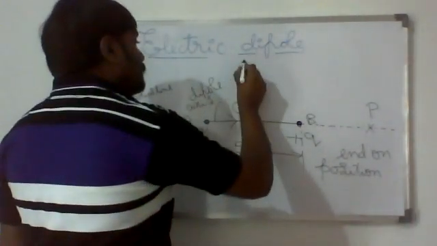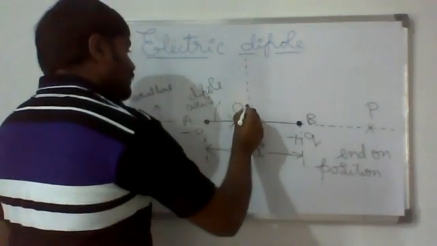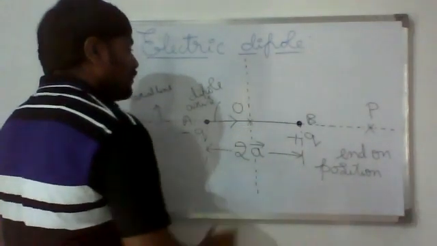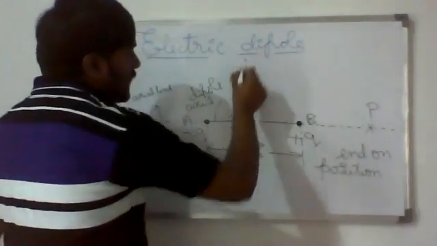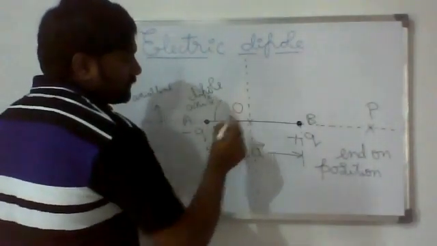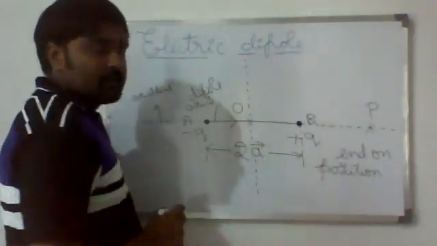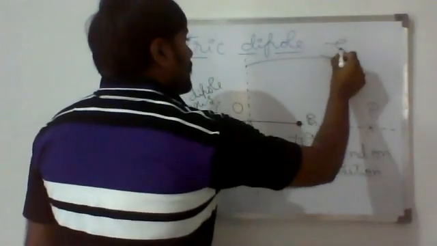And a line passing through the center of the electric dipole and perpendicular to the dipole axis is called the equatorial line.